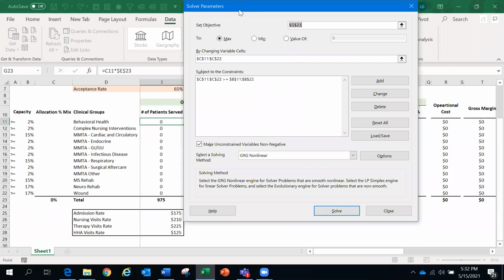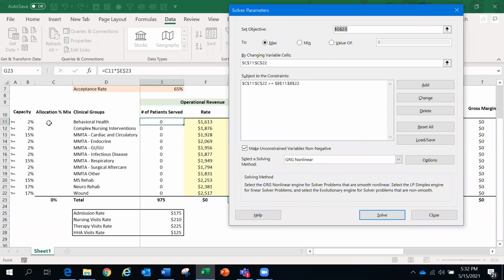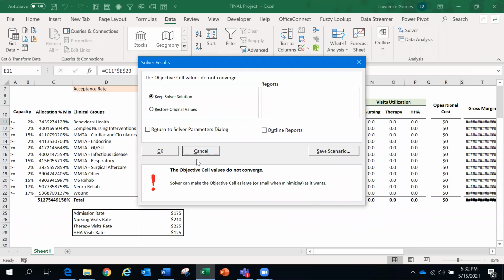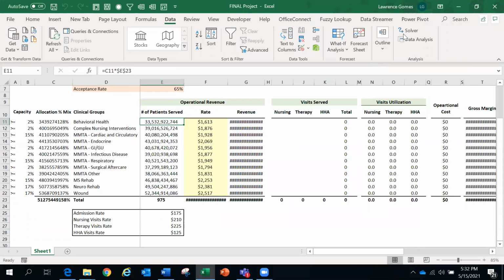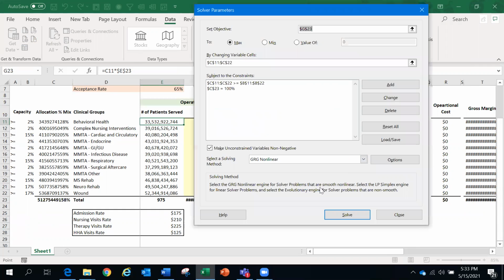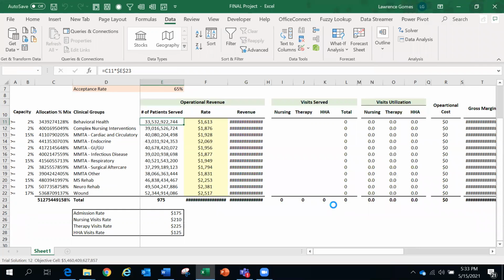And the total number of patients served is basically the allocation mix multiplied by 975 total patients. I forgot to set one constraint, which is that the total allocation mix has to be 100%. It cannot exceed 100.